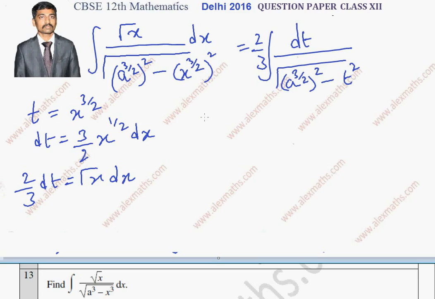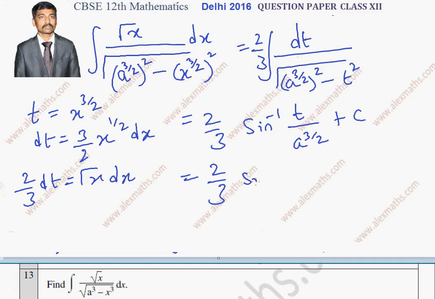This is the sine inverse x by a formula. So 2 by 3 sine inverse t by a, which is a power 3 by 2. And we have to replace the t. t is nothing but x power 3 by 2. So 2 by 3 sine inverse x power 3 by 2 by a power 3 by 2 plus c.